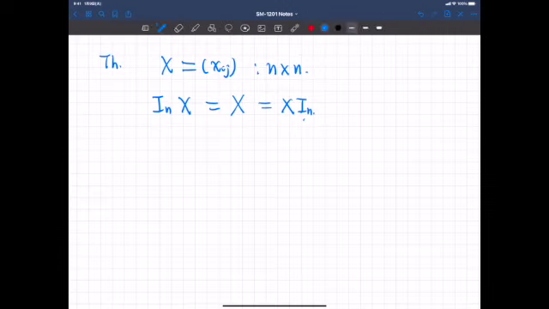Okay, let's prove this. We can just check the elements of this matrix multiplication.